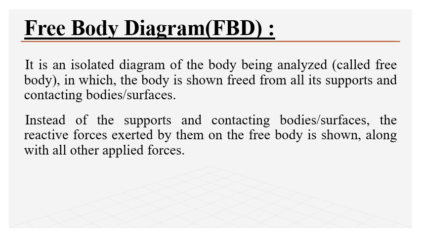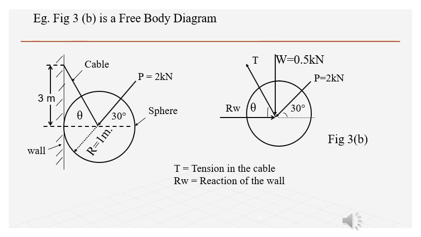Those are reactions. If this is the space diagram given last class, and I have to draw its free body diagram, you can see on the right side that the contact surface, that is the wall, is removed, and the cable is removed, but those two are replaced by the reaction of the wall, shown as Rw, and the tension in the cable, shown as T. You can also see the self weight of the sphere, W, that is 0.5 kilonewton, and the external applied force P is equal to 2 kilonewton.